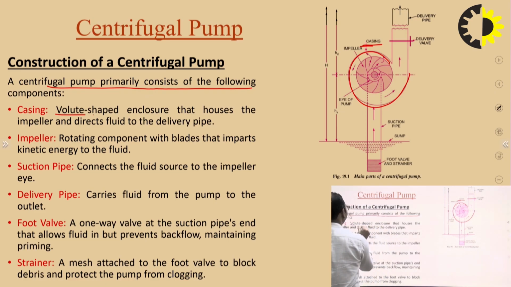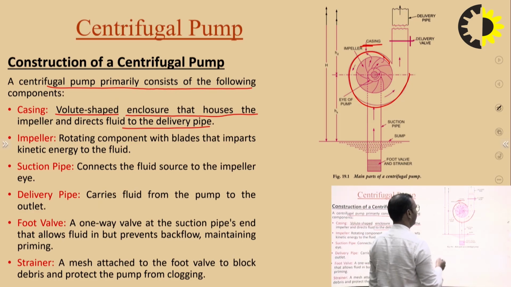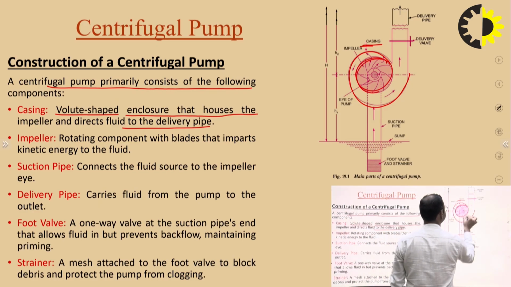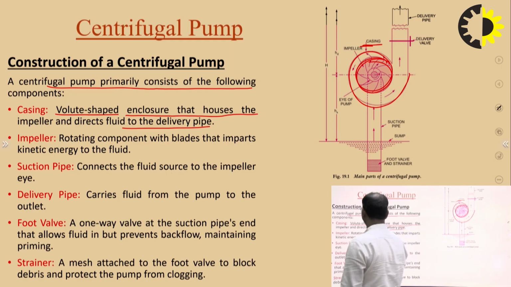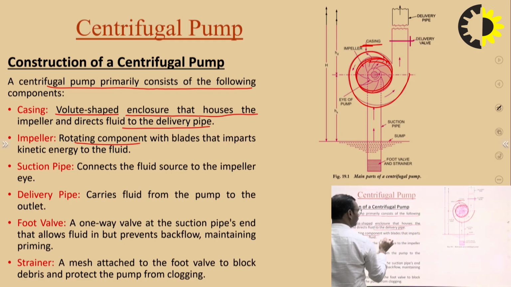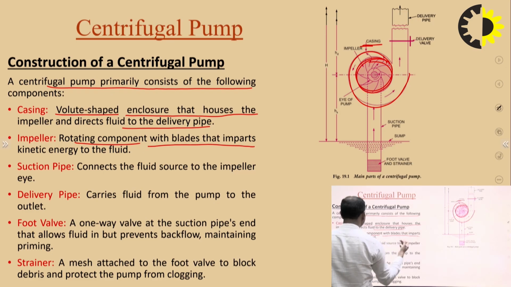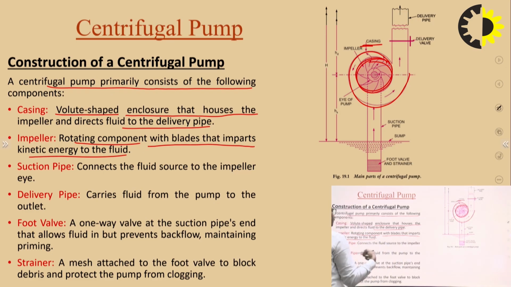It has a volute shaped enclosure that houses the impeller and directs fluid to the delivery pipe. Then the second one is the impeller. What is the impeller? It is a rotating component with blades that imparts kinetic energy to the fluid.